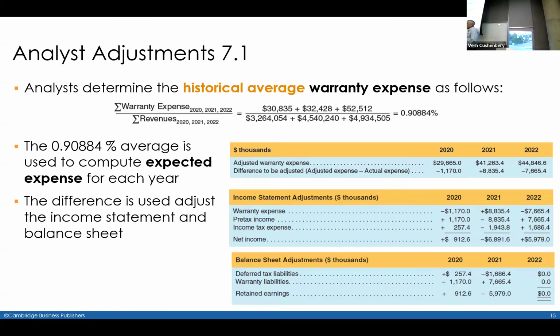And you'll recall what we're trying to uncover is what I call a variant perception. So we want to identify those circumstances whereby, using our financial analyst skill set, we now have a set of books that we believe to be a better representation of the true value of the company.